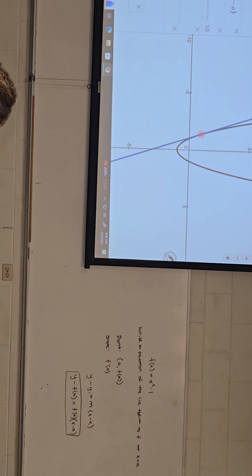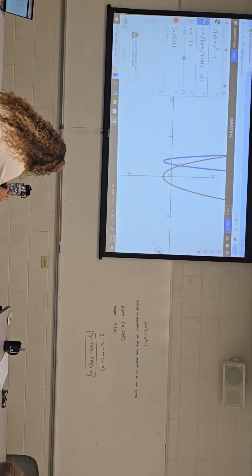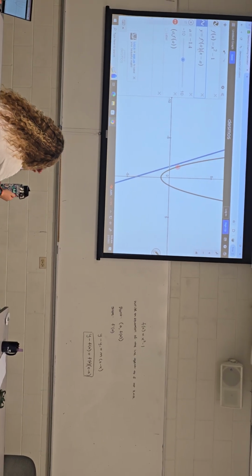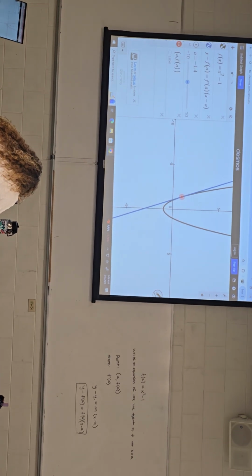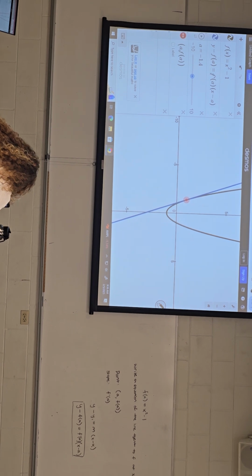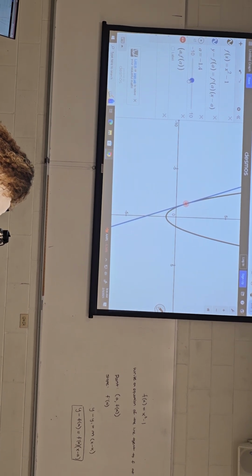So now, pulling this up on Desmos, there's my equation of the line. Y minus f of a equals f prime of a times x minus a.